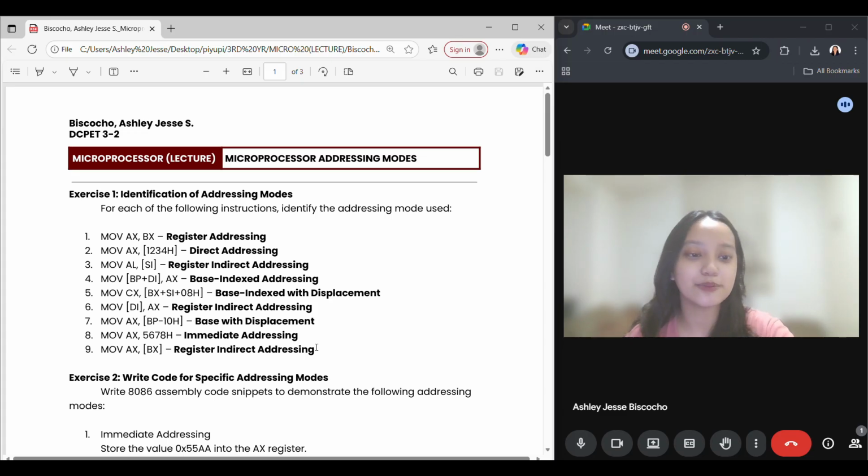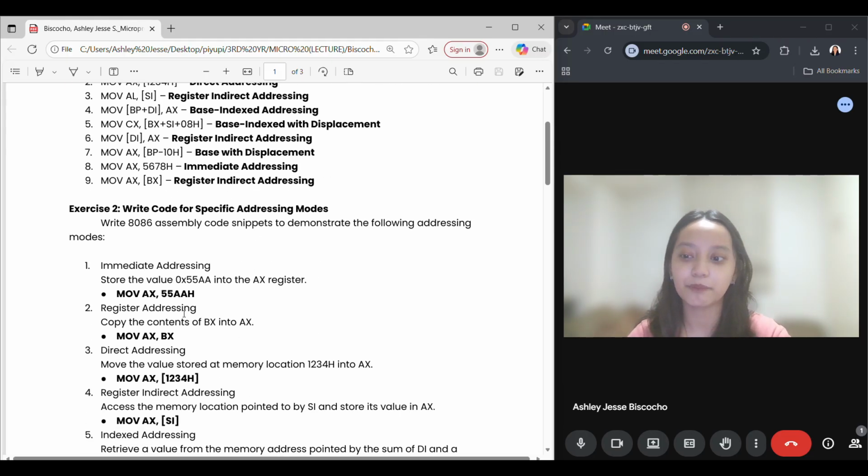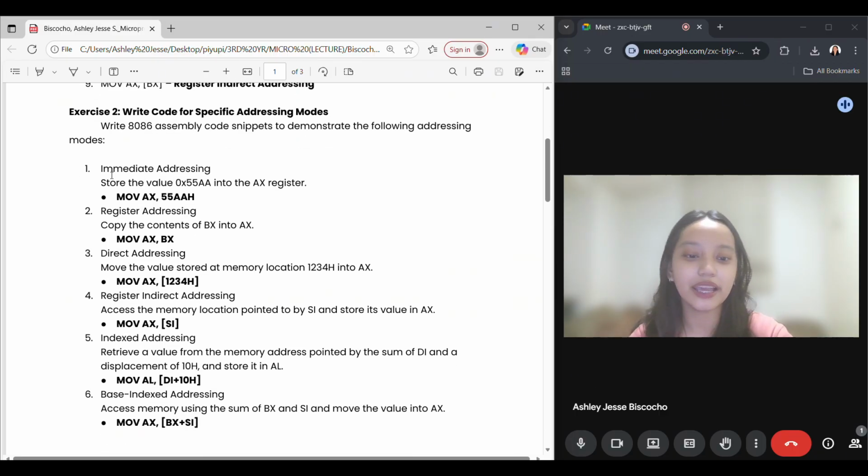Let's proceed to the second exercise, which is writing code for specific addressing modes. We demonstrated different addressing modes using short 8086 assembly code snippets. For immediate addressing, we use MOV AX, 55AAH to load the value directly into AX.